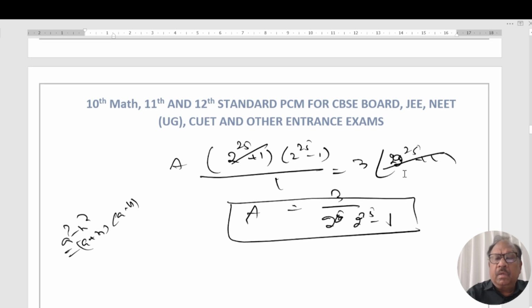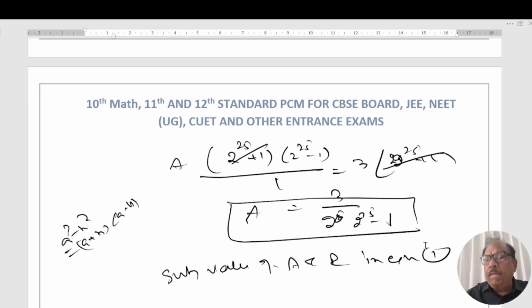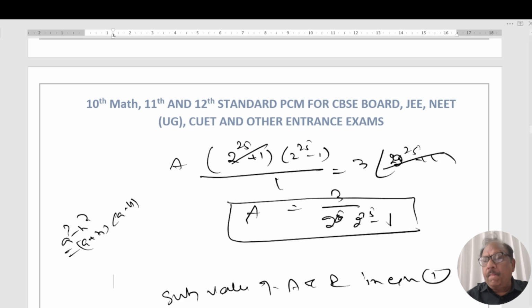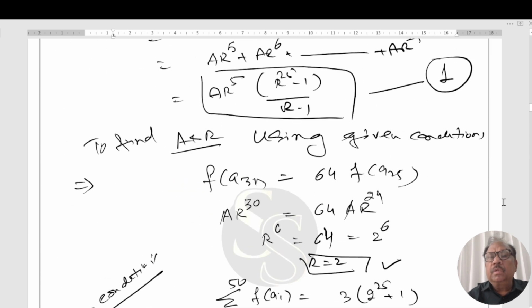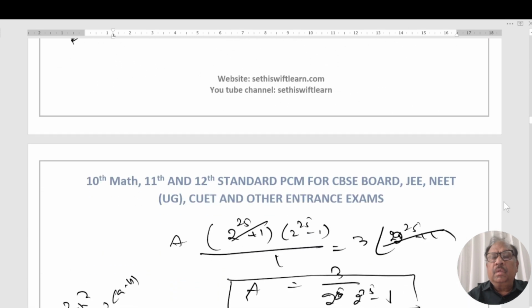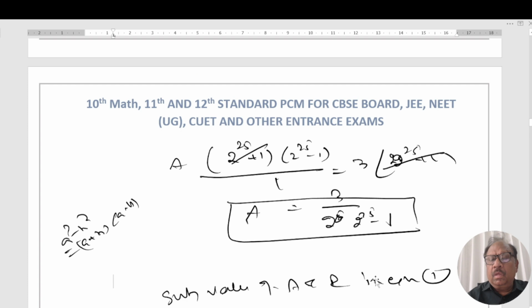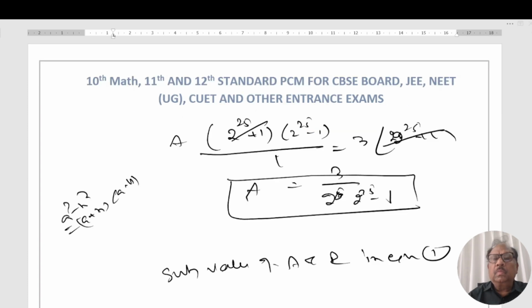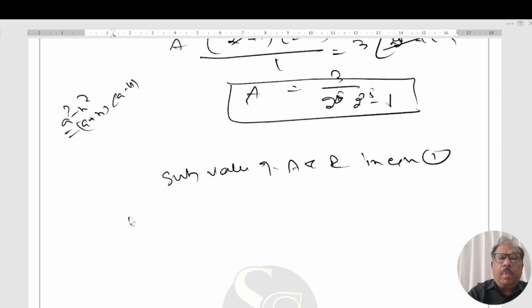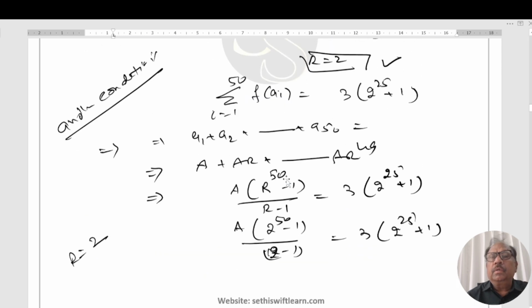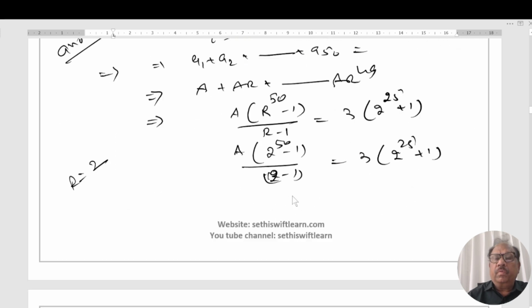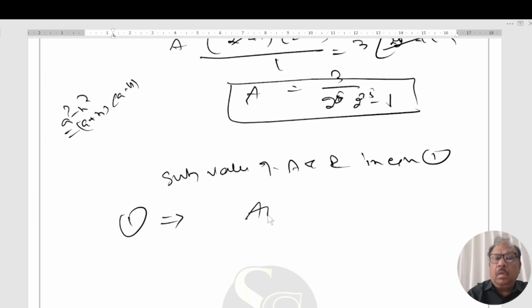Substituting the values of a and r in equation 1, equation 1 is a r to the power 5 into (r to the power 25 minus 1) upon (r minus 1).